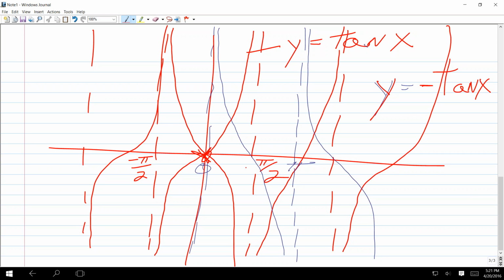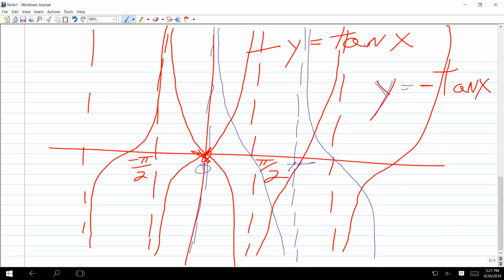It's not exactly the same as the cotangent curve. The cotangent curve goes from 0 to pi. So tangent crosses 0 at 0. So wait, if you had minus tangent plus pi over 2, that's a cotangent graph. Absolutely. They are shifted by pi over 2.